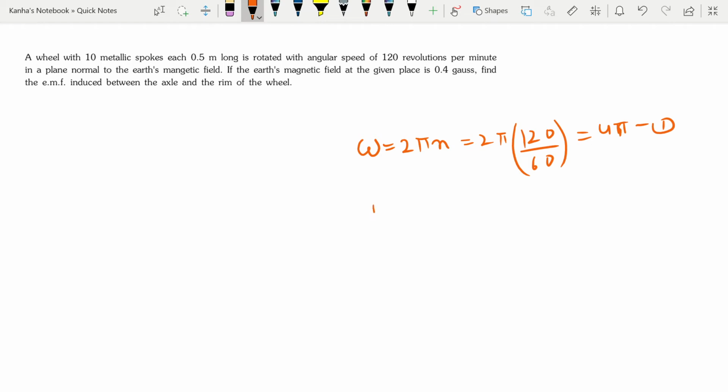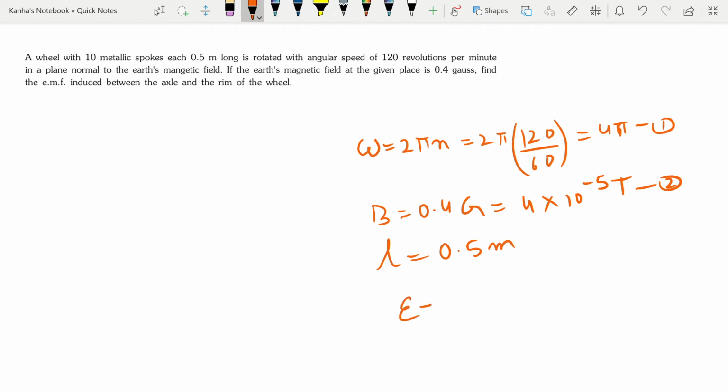Next, it is given that the magnetic field is 0.4 Gauss, which basically means that it is equal to 4 into 10 to the minus 5 Tesla. And the length of each spoke is given as 0.5 meter. Now we know that the induced EMF for the rotating rod is half B omega L square.